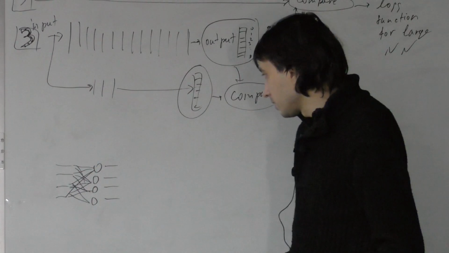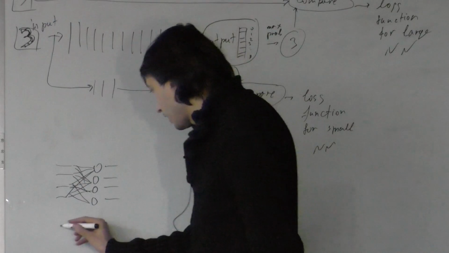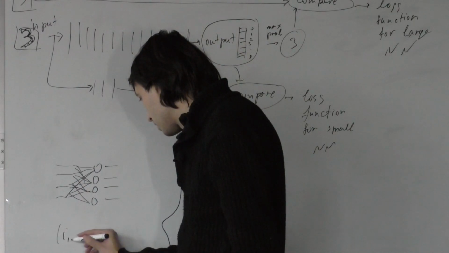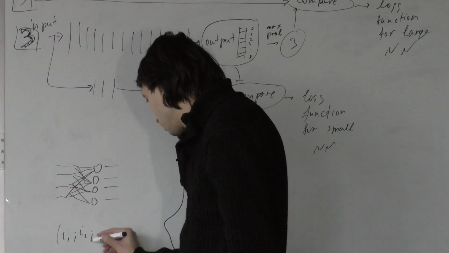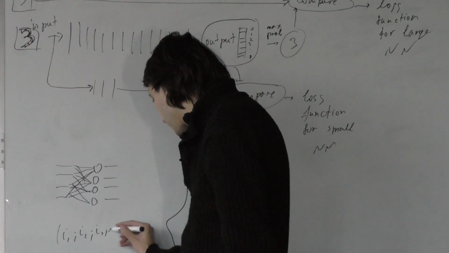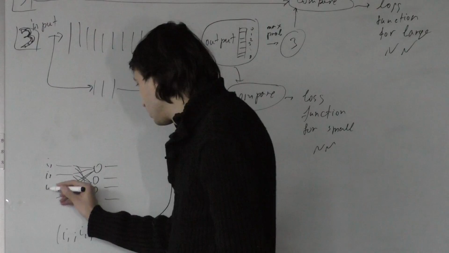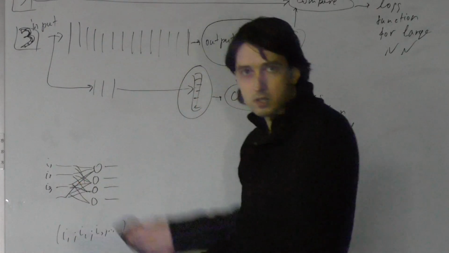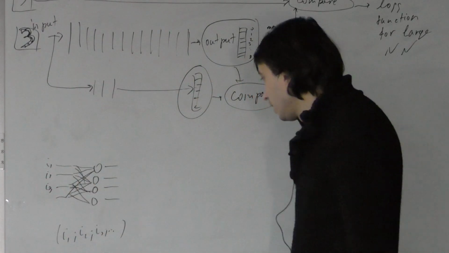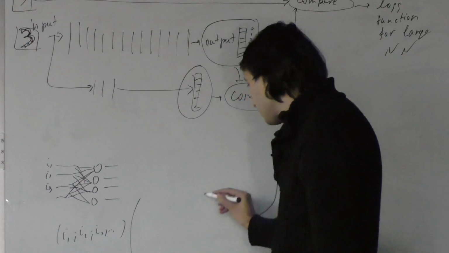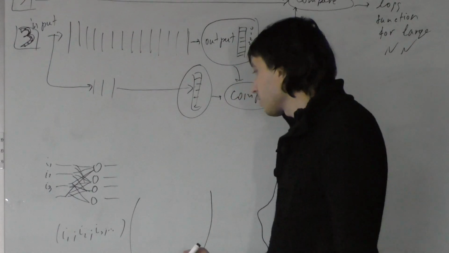You can think of it like if I have an input vector. So here are my inputs, input 1, input 2, input 3, so some numbers coming here. And I can multiply them by a matrix of weights.